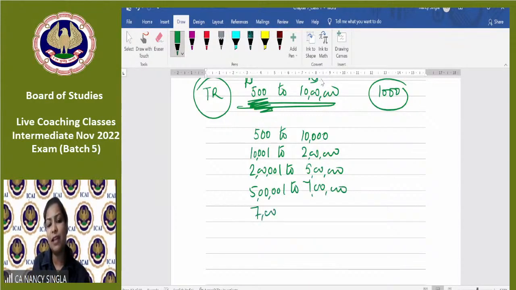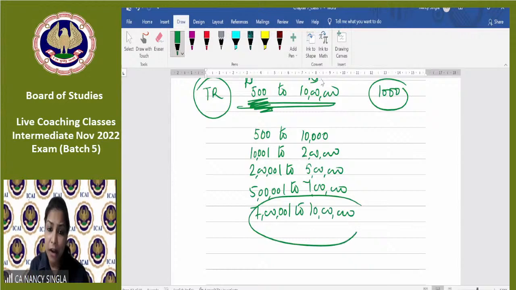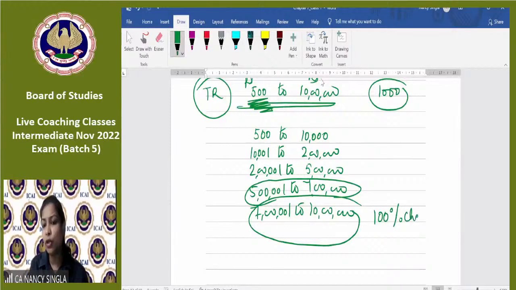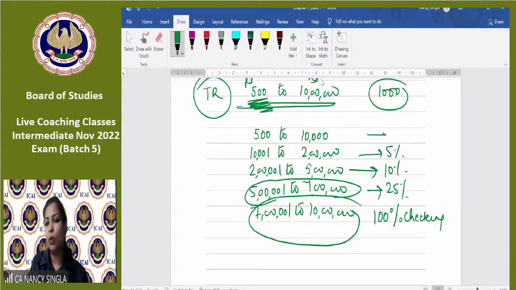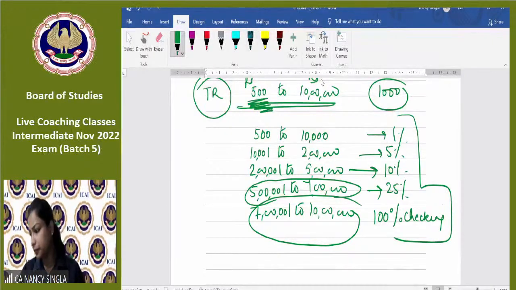And from 7 lakh 1 to 10 lakhs, another group. Now I may take 100% of these items because these are high value items. Here I'm doing 100% checking. Here I'm taking a sample of let's say 25%. Here let's say 10%, 5%, 1%. Okay? So this is the way stratification is done.